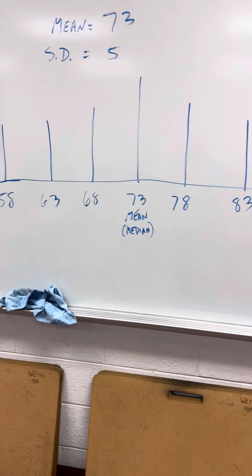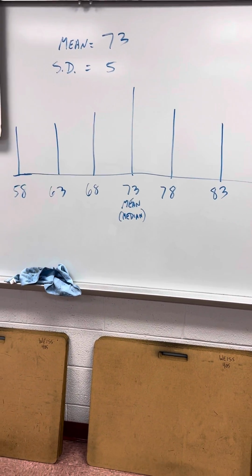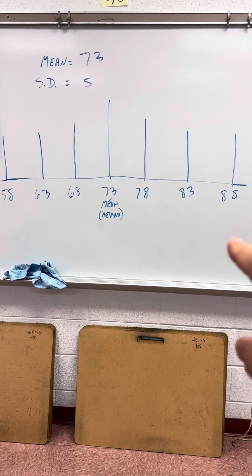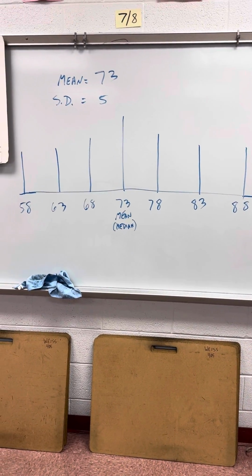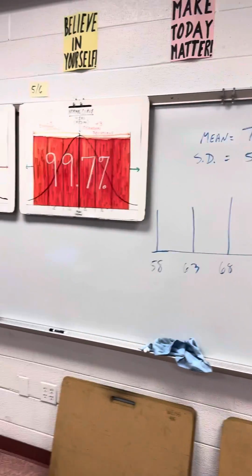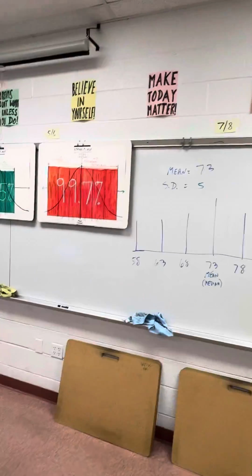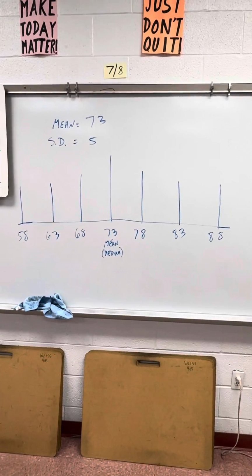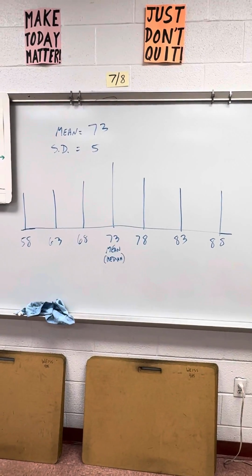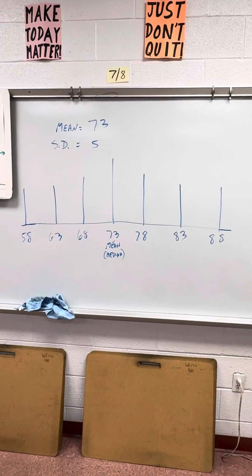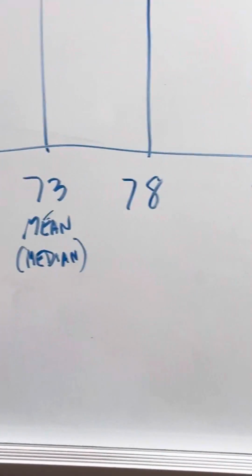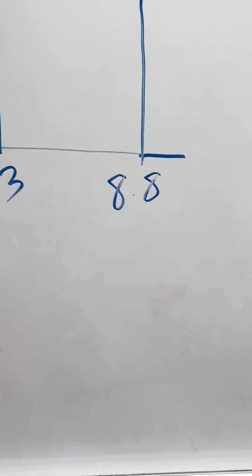If I said what percent of the data points are between 58 and 88, you would tell me 99.7%. Okay? If I said what data points are 99.7% of the curve, you would tell me 58 to 88.